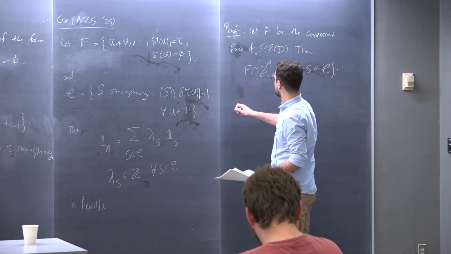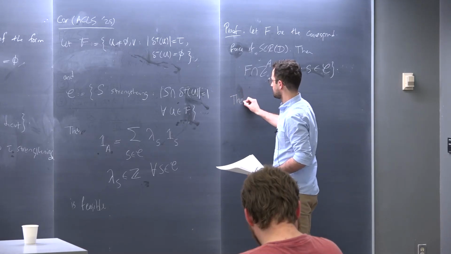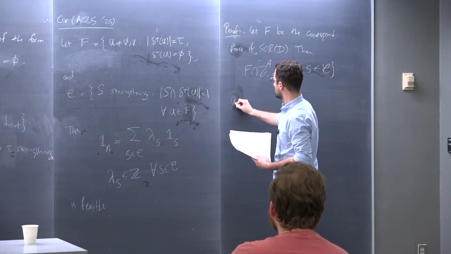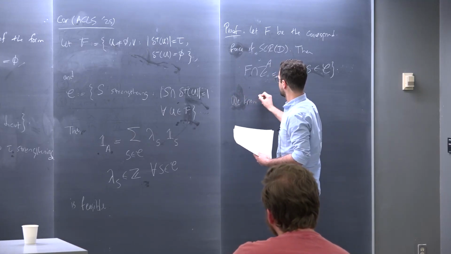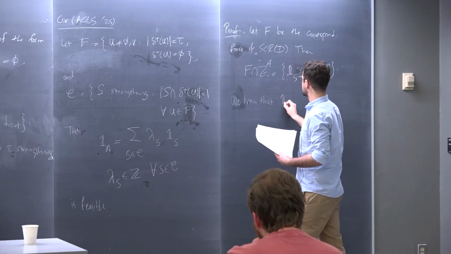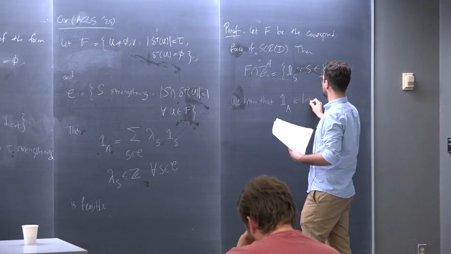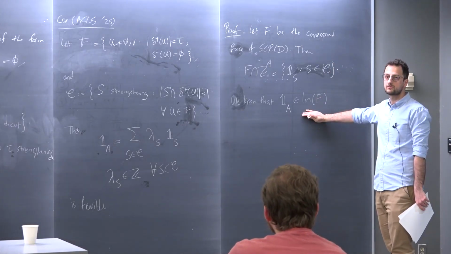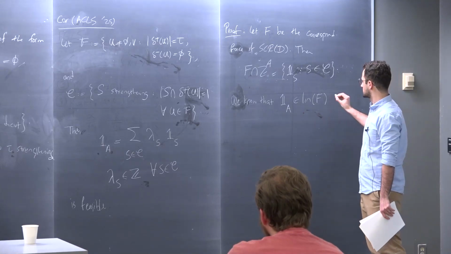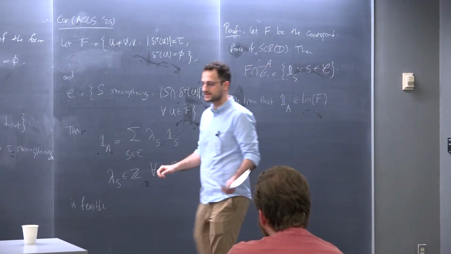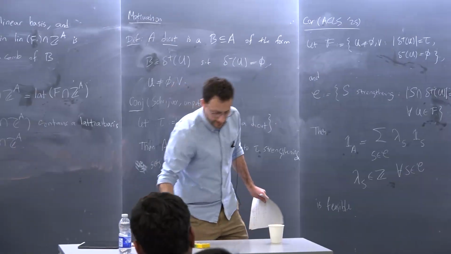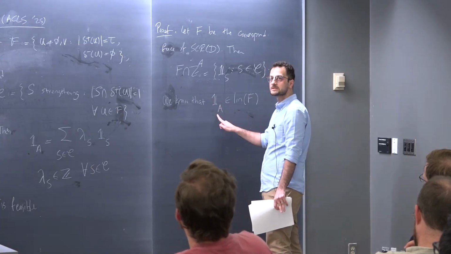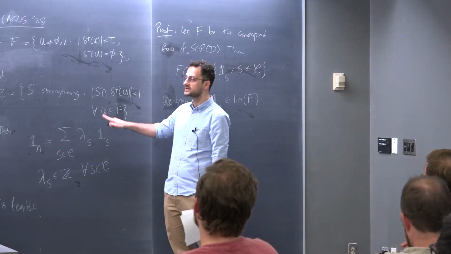That's it. So there's a fact here I'm not going to prove. We know that the all ones vector A belongs to the linear hull of F. This requires a proof, but this is something that is known. The reason why this is true is, in fact, you could express the all ones vector here as a conic combination of these vectors.